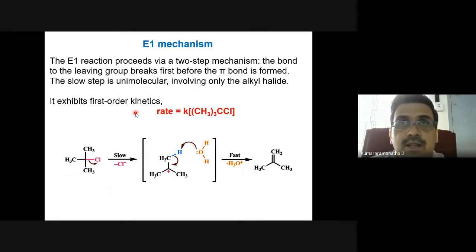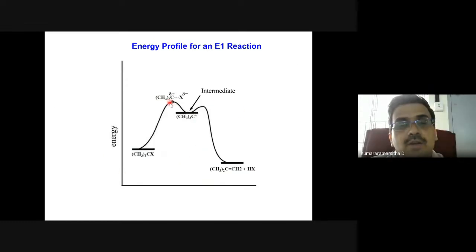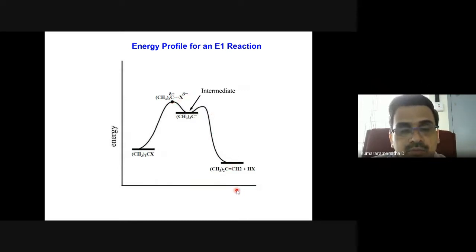So this is essentially a first order reaction. Same like SN1, you form a carbocation, which is the intermediate step. This intermediate will react with the base, or for example in this case water, to remove the halogen, so that you end up getting an unsaturated carbon.